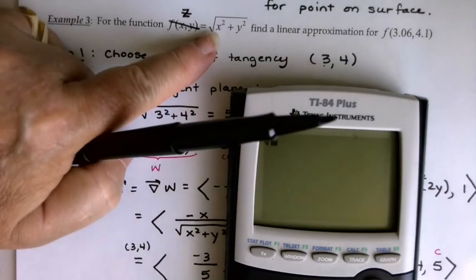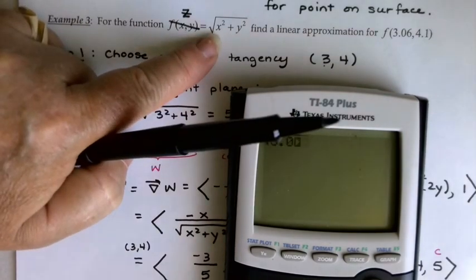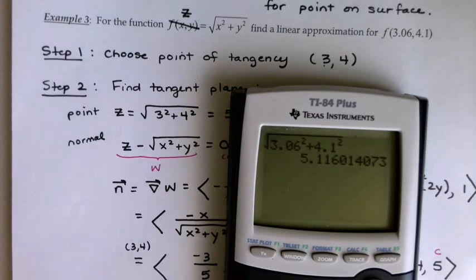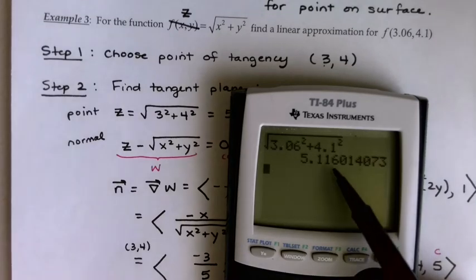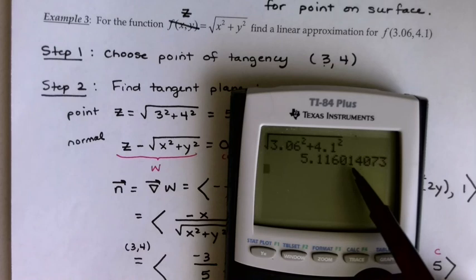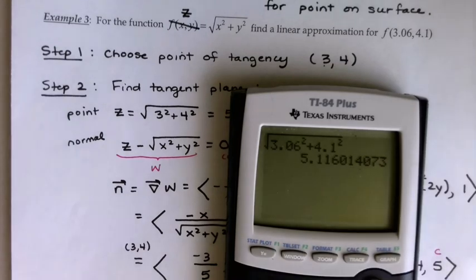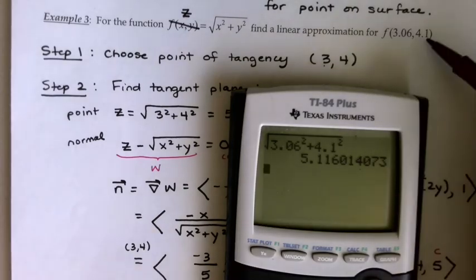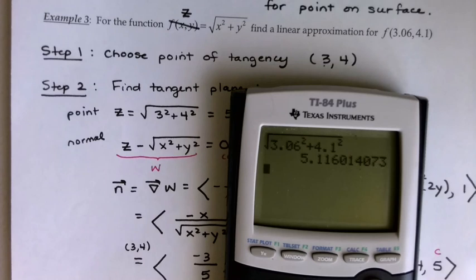If I took the square root of 3.06 squared plus 4.1 squared, my approximation was really, really good, wasn't it? I got 5.116, and that's actually good all the way out to the hundred thousandths place, which is the first place that it would disagree with me. So we got an excellent approximation using this technique. Of course, our point of tangency was very close to the point that I really wanted.